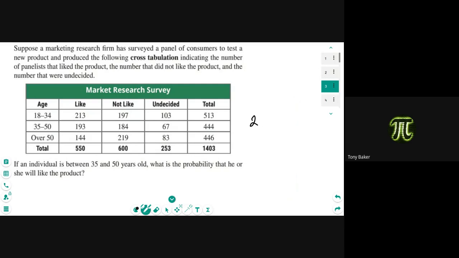So it's all about the order of the words. The question on the screen says, if an individual is between 35 and 50, so now they're giving you that information, right? They're telling you that we're looking at the 35 to 50-year-olds. So we're looking at this row. What is the probability that they will like the product? That's 193 over 444.